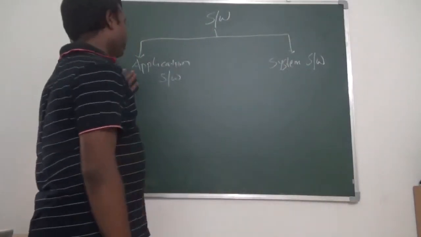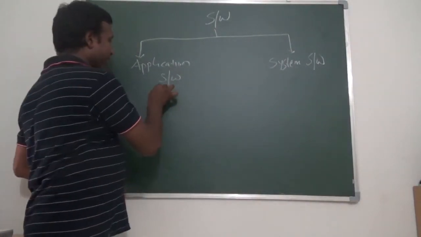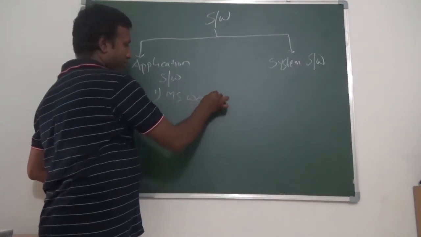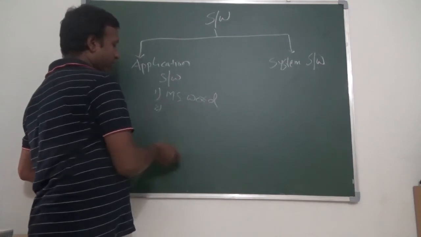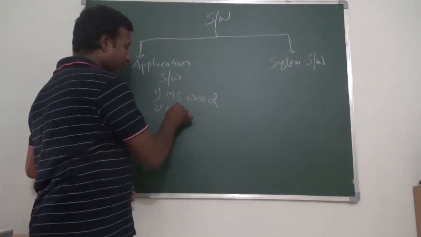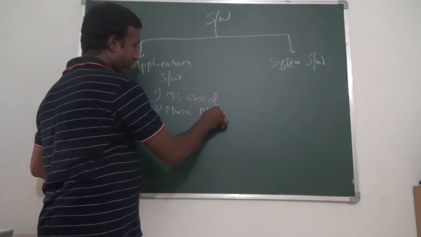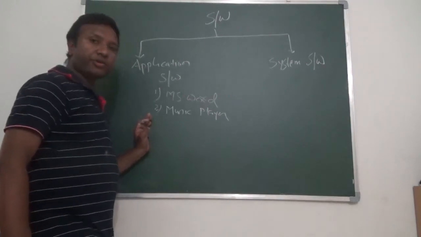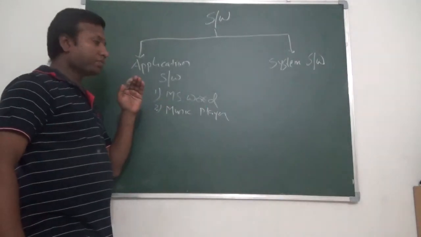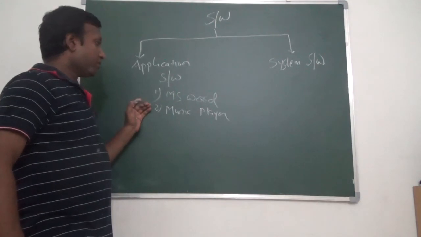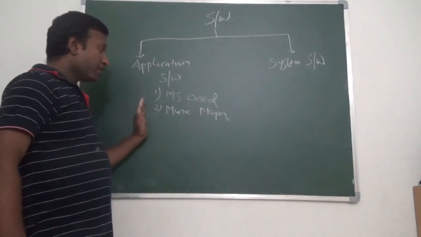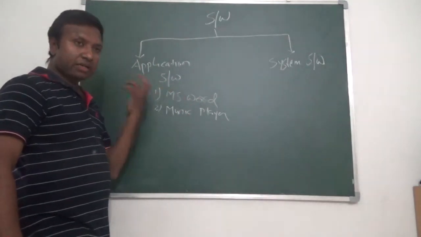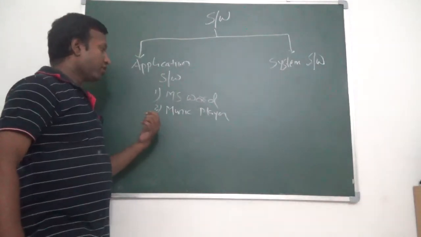We can say, if you want to take an example, we have Microsoft Word, we have, say, a music player. All this kind of software is used by the end user, right? But ultimately, this software is interacting with the system and getting the result, right?